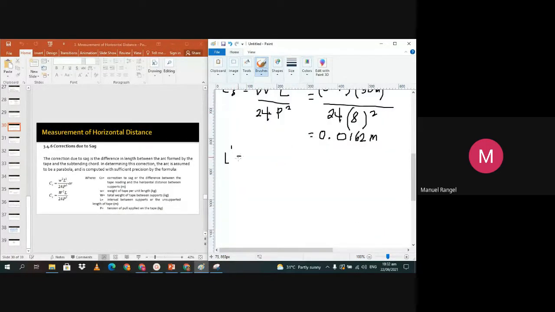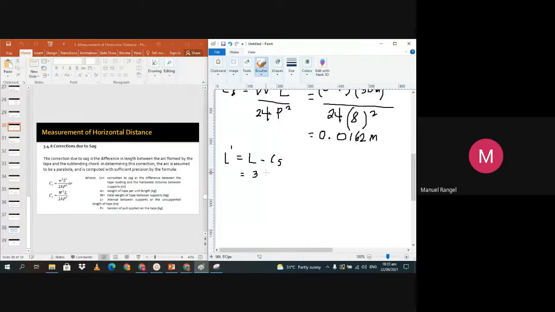So L prime is equal to L minus Cs, the correction due to sag.